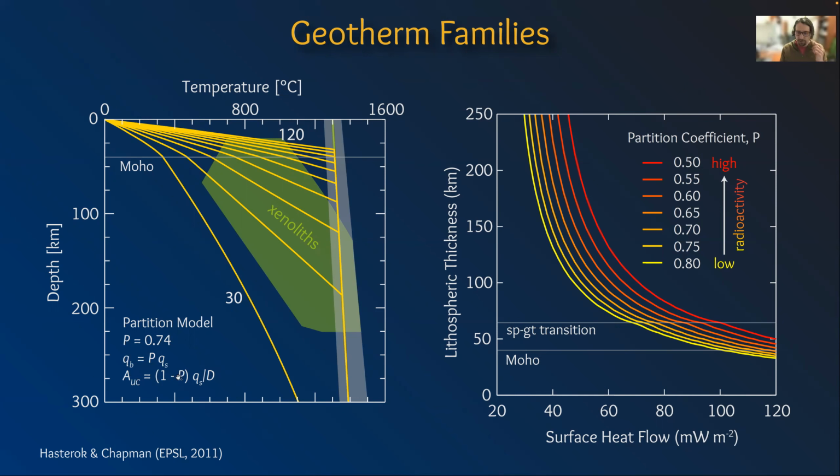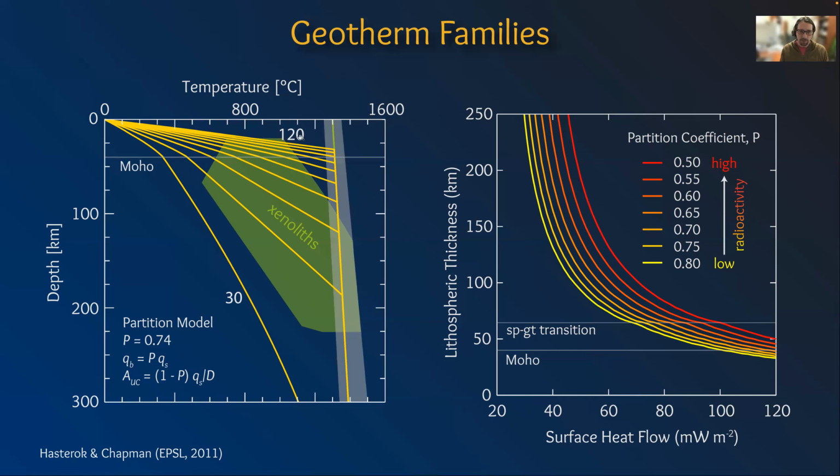This partition is simply just a fraction that represents a constant for all values of heat flow, and will give us different values of heat production as a result. So in this way, we can parameterize our geotherms in terms of a single parameter, just the surface heat flow. Each of these yellow curves here is a different geotherm with a different surface heat flow.